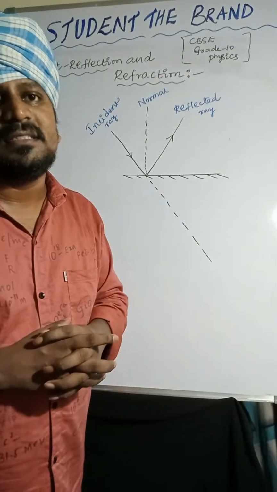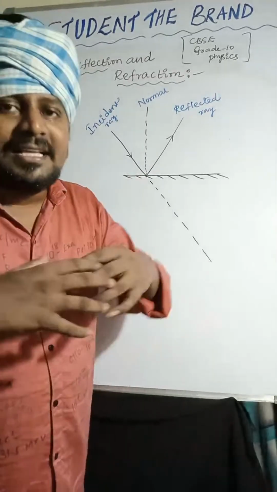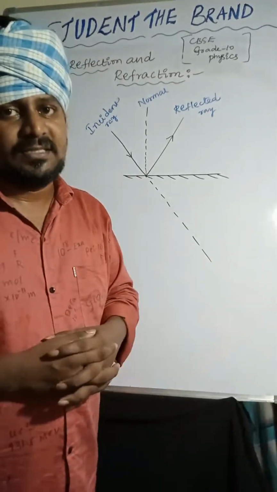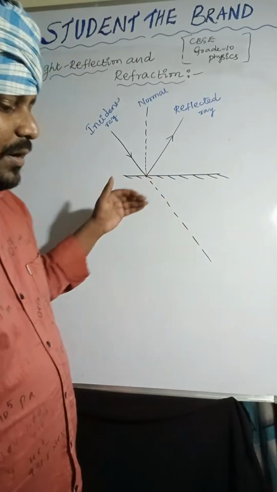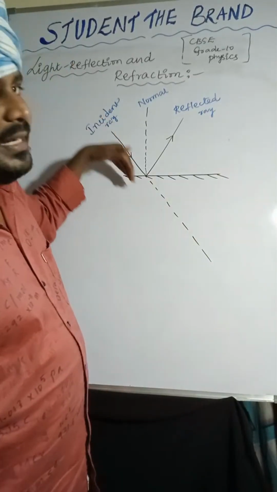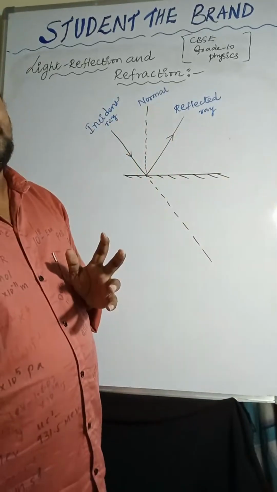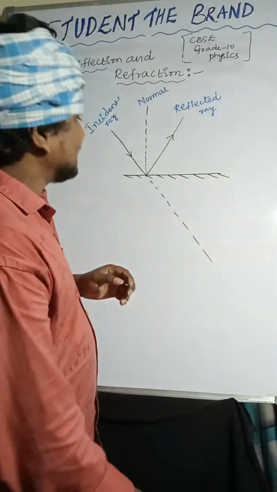Heterogeneous medium means the particles exhibit different properties. So now here the light ray will move in a straight line path.